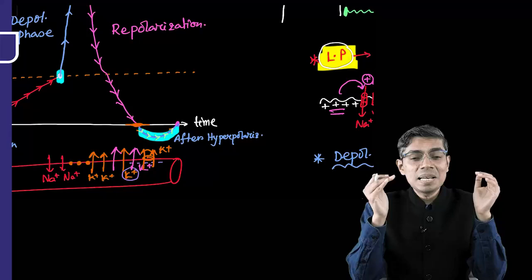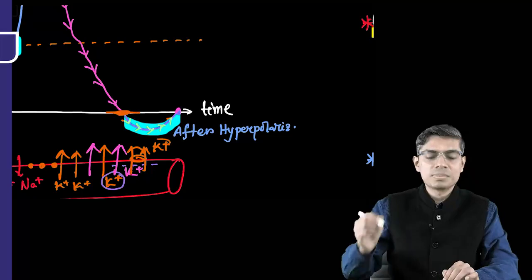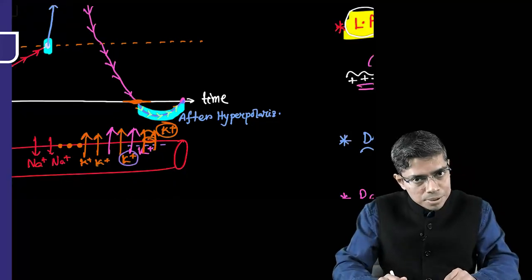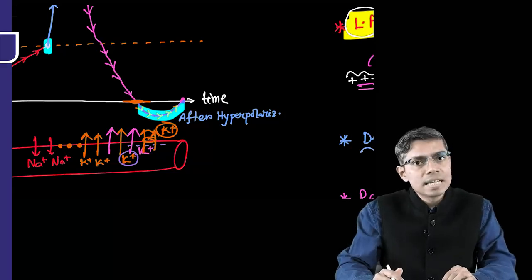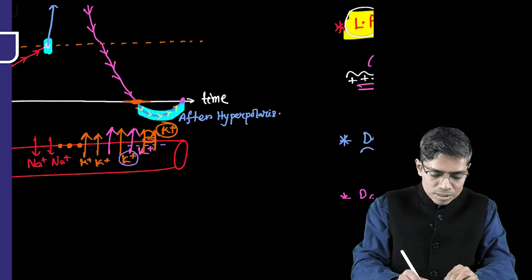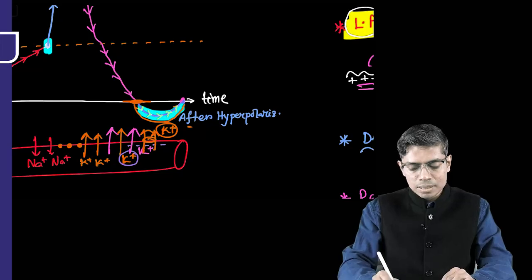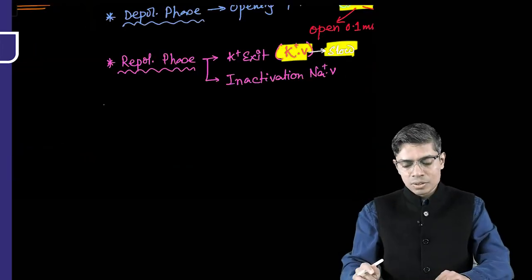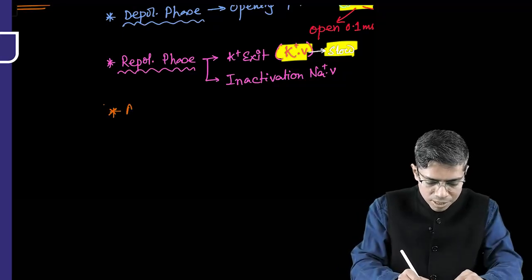And because of this, some extra potassium is going out of the cell. If extra potassium is going out, the cell will lose extra positive charge. Extra positive charge loss means there will be more negative voltage, and that is nothing but after hyperpolarization. So now if I ask you, what is the cause of this after hyperpolarization?